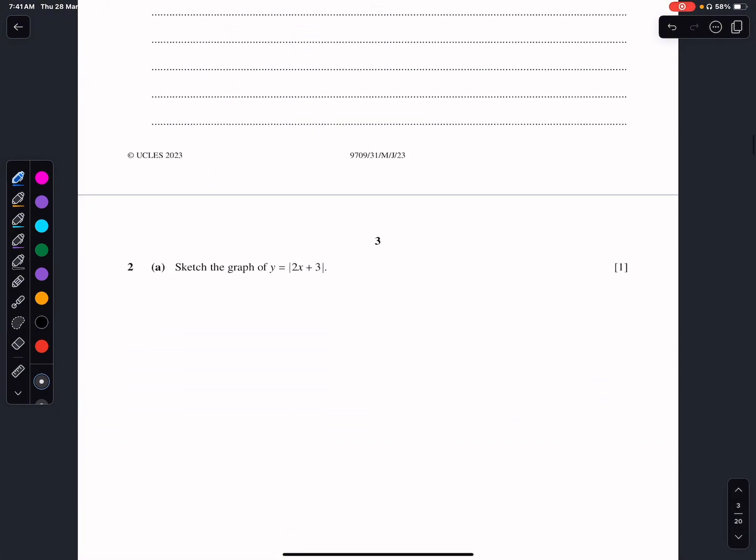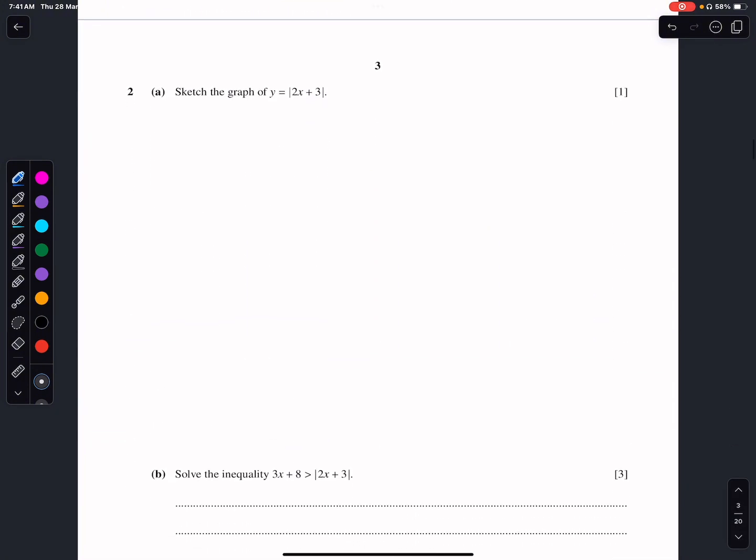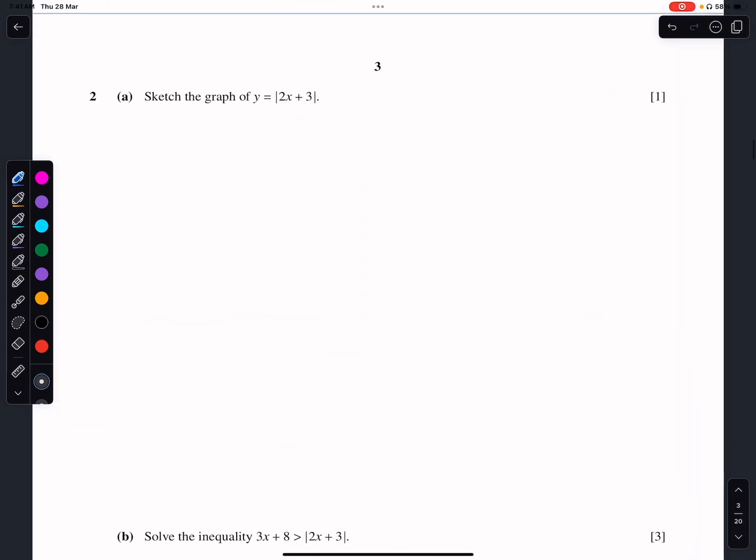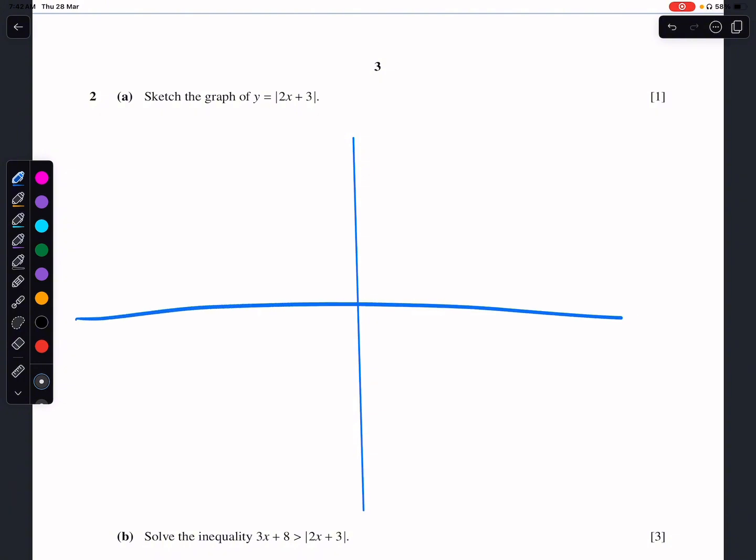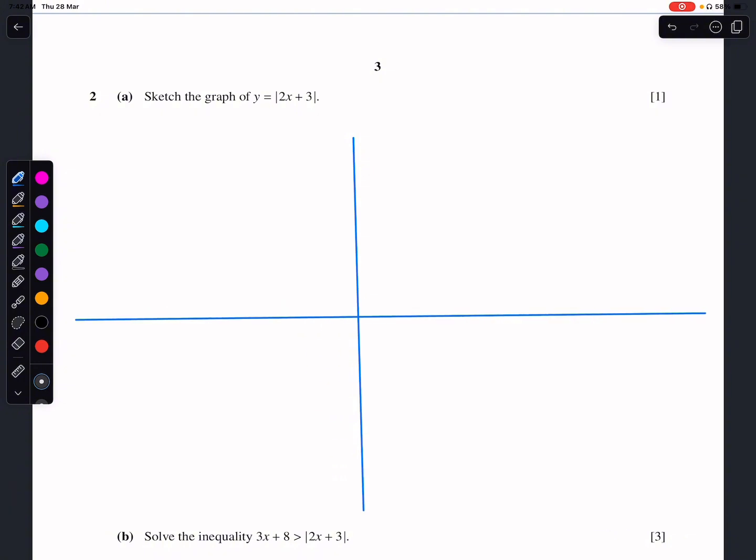Let's move on to next question. And this is from Modulus. Sketch the graph of y is equals to mod of 2x plus 3. Okay, so draw the x-axis, y-axis, and plot some values like 1, 2, 3, 4, minus 1, minus 2, minus 3, minus 4, and so on.